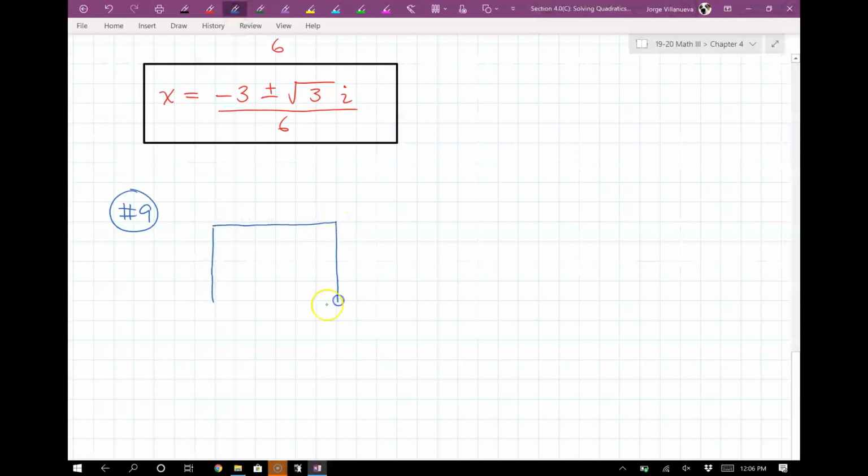Okay? So this is their swimming pool. All right, there it is. Now, they said that they want to put a paved walkway of uniform width. That means that all the way around, the width is going to be the same. So here we go.